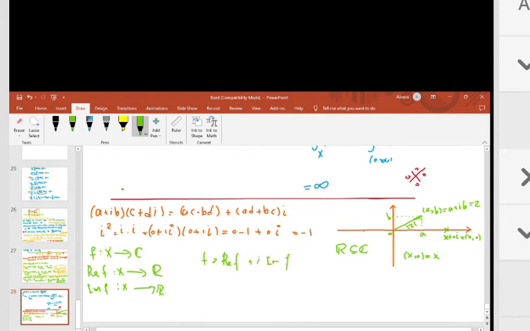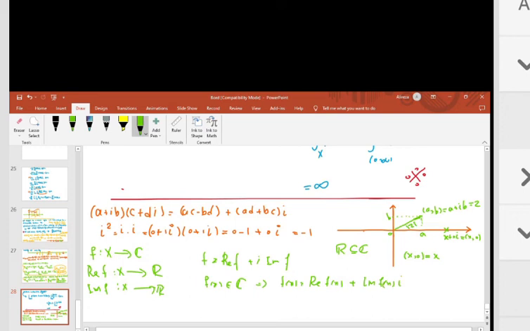Okay, because any element is in complex numbers, we have f(x) equals Re f(x) plus Im f(x) i.